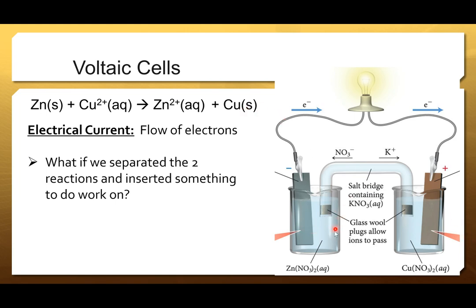We connected those two half reactions with a wire, something that will allow the electrons to flow from one side of the reaction to the other. Okay. So here's our Voltaic cell. Half redox reactions, and something that connects the two that allows the electrons to flow.